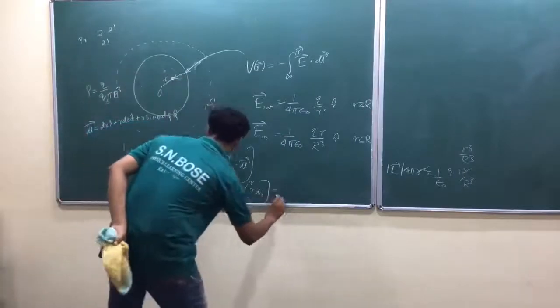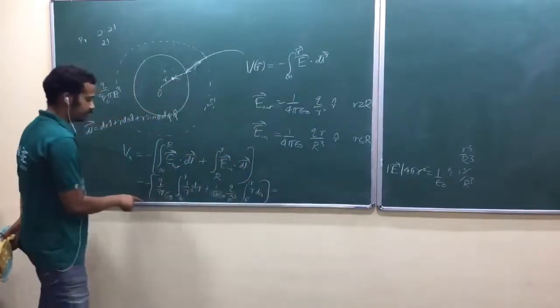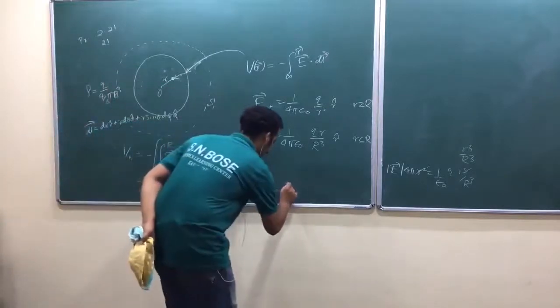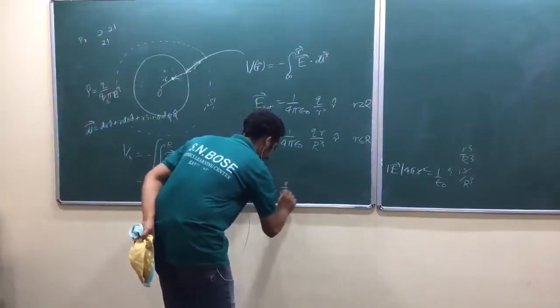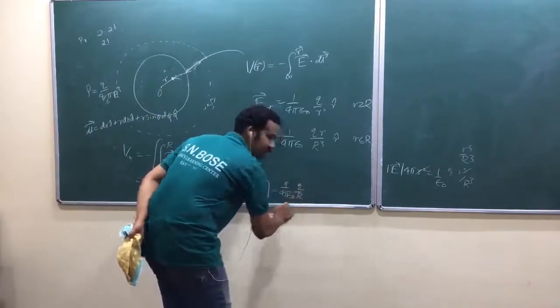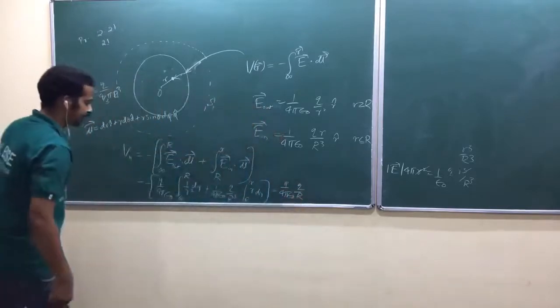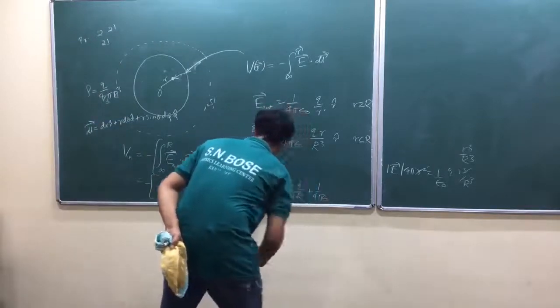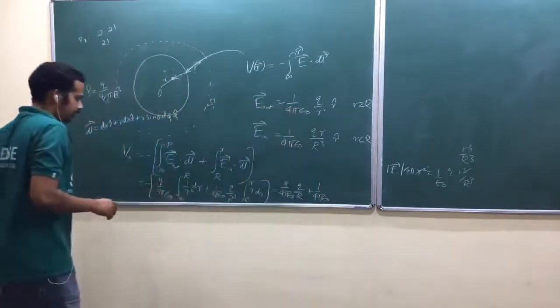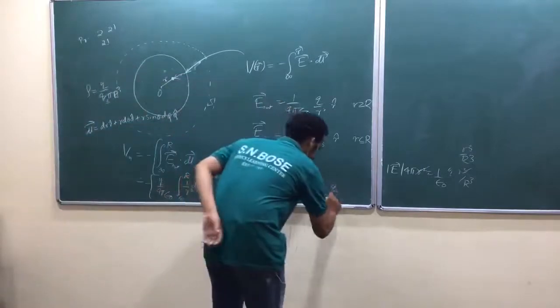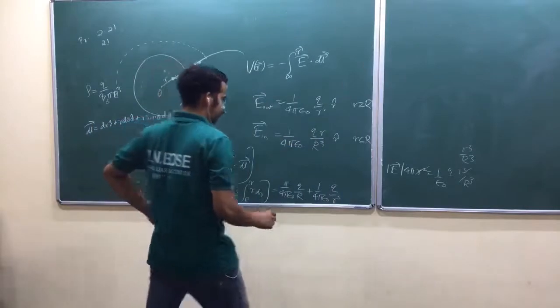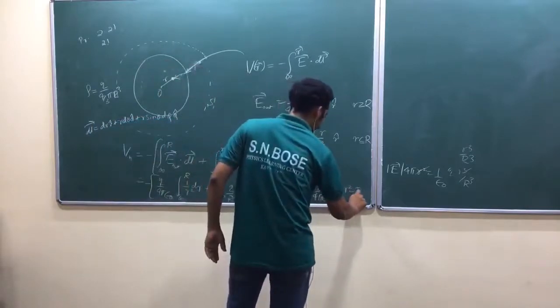So what is this one? Minus 1 by r. Okay, it is capital R. 1 by 4 pi epsilon naught q by capital R, am I right? First part. So plus 1 by 4 pi epsilon naught q by R cube into r square by 2, small r square minus capital R square, whole divided by 2.